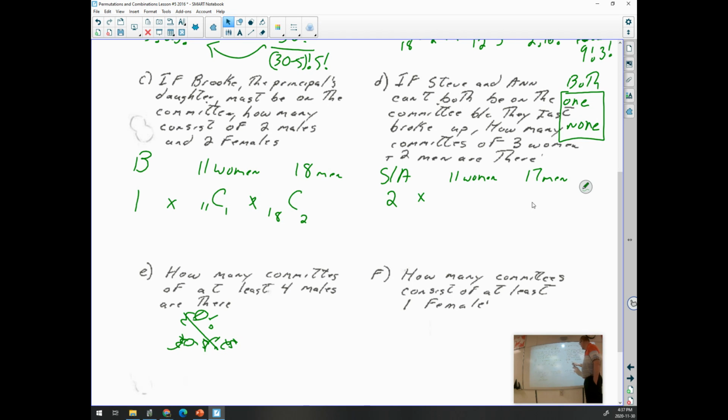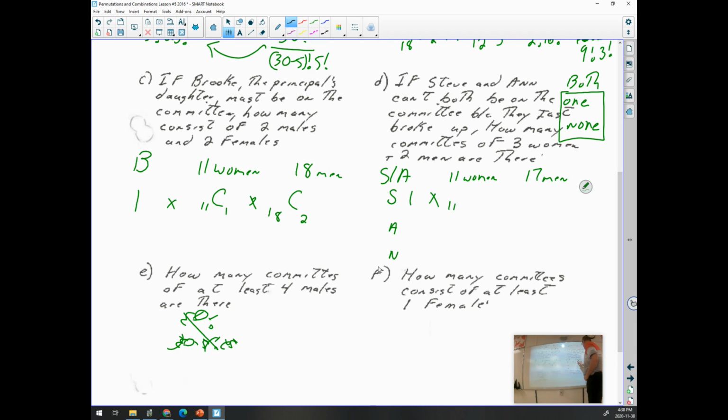Actually, this one's a little bit more difficult in that it's not just 2 men. We've taken them out of both categories. So I have to rethink this one. So basically, we're going to have to do Steve on the committee, Ann on the committee, and neither on the committee because of the way this works out. So there's one way to put Steve on the committee.